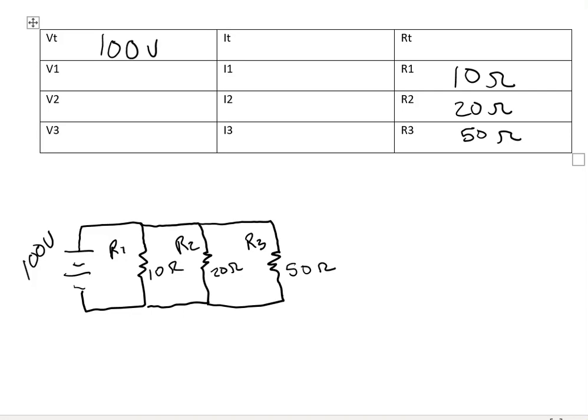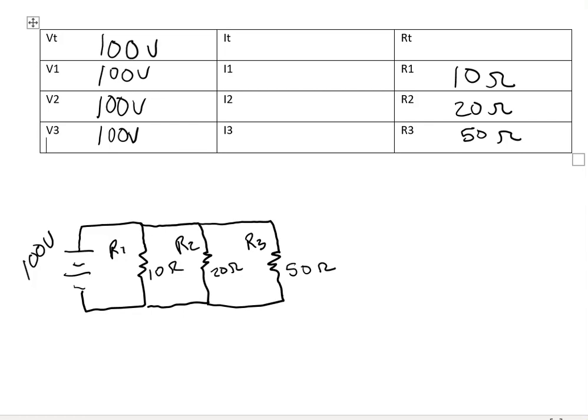So if every one of these is going to get the same voltage, that means R1 is going to get 100 volts, R2 is going to get 100 volts, R3 is going to get 100 volts. Again, because they're parallel. In series, they all get the same current, but in parallel, they all get the same voltage.